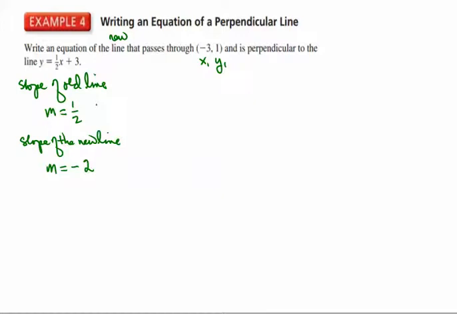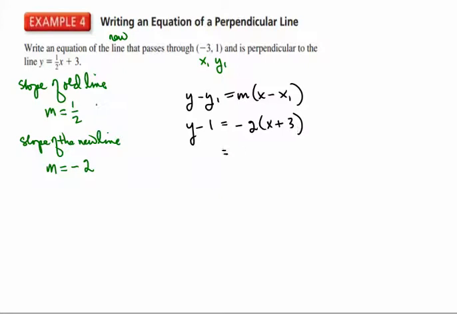We're going to use the point slope form. So y minus y1 is equal to m times x minus x1, plugging in our point and our new slope. So the y coordinate is 1, so we get y minus 1. The slope is -2. X minus -3 would be x plus 3.